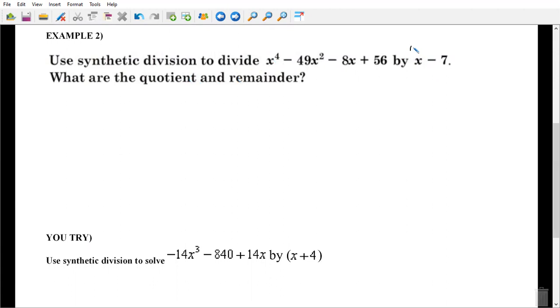So again, step 1, we have our x minus 7. We set it equal to 0. So we know our 0 equals 7. So in our house is 7. Step 2 is list out the coefficients of your dividend. But what do you notice about our dividend?